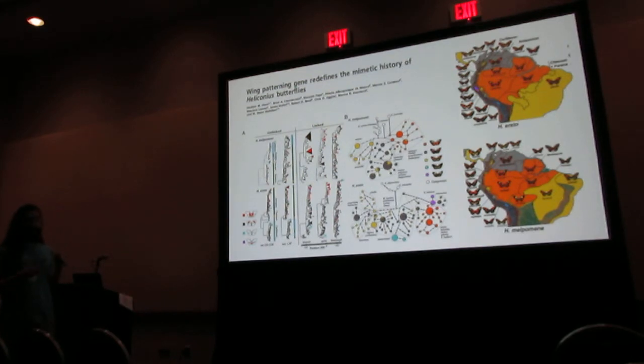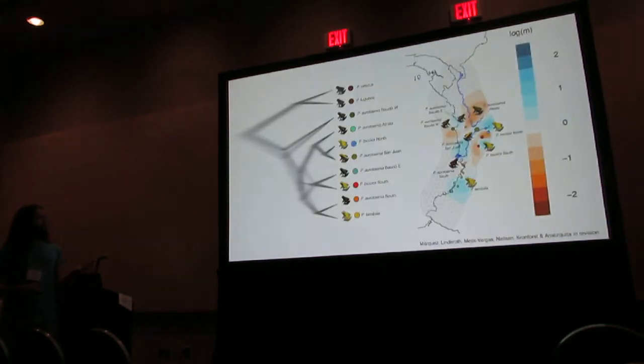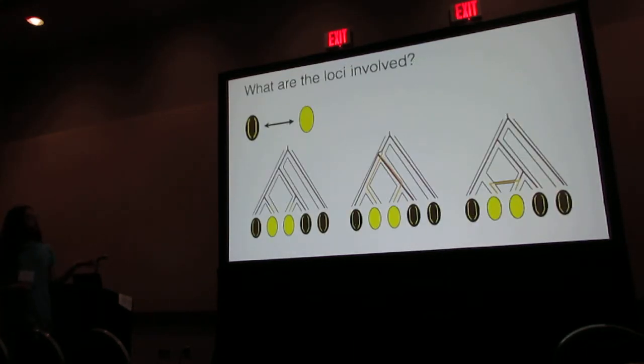But if you sequence the genes that have been over and over shown to make these color patterns, you find that they segregate by actual coloration. And furthermore, if you look at the ages of these alleles, they are way, way older than the geography says. So this could also be the case here, which led us to try to find the genes involved.